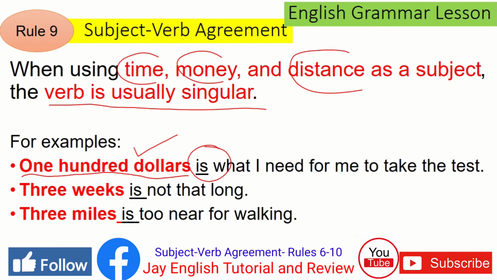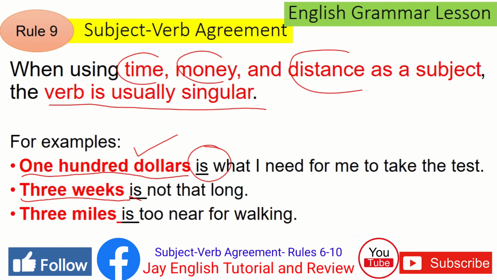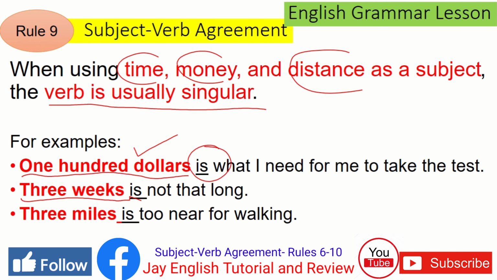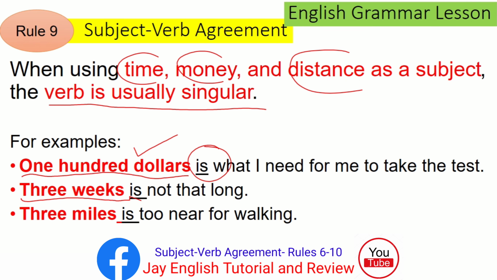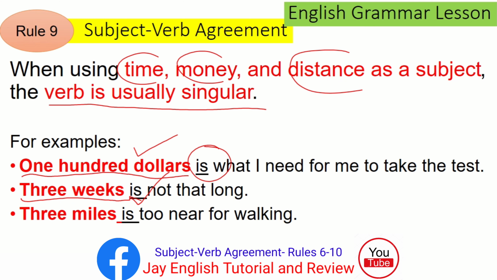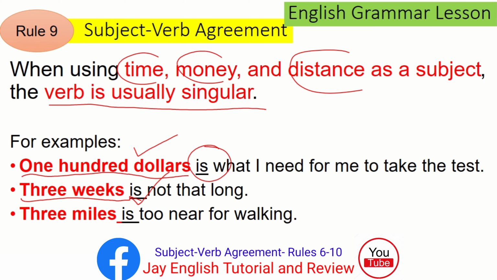Next example, 3 weeks is not that long. 3 weeks is an expression of time. Going back to the rule, when using time as a subject, the verb is usually singular. That's why we are also using the singular linking verb is, not are. Third example, 3 miles is too near for walking.